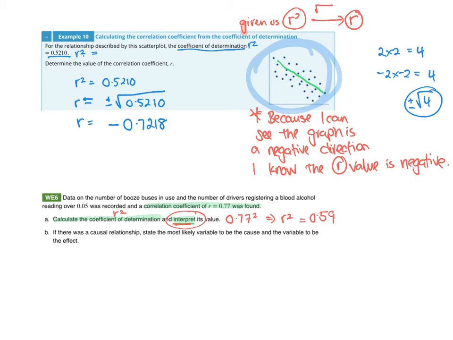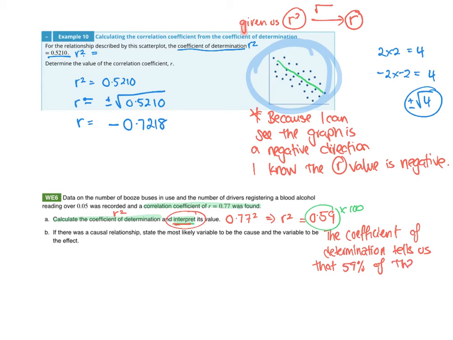Now, they've asked me to interpret. So I'm going to say the coefficient of determination tells us that, now I'm going to times that number by 100, so it tells us that 59% of the variation. Now I need to know what the response variable is.